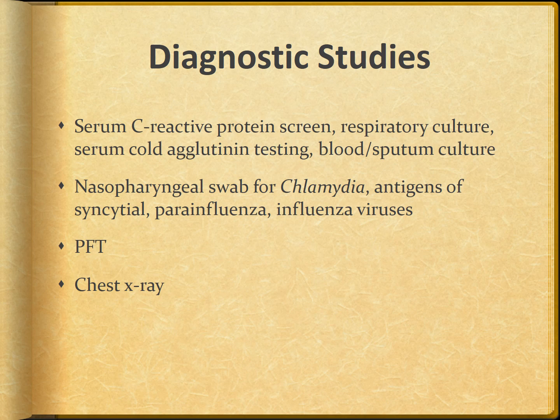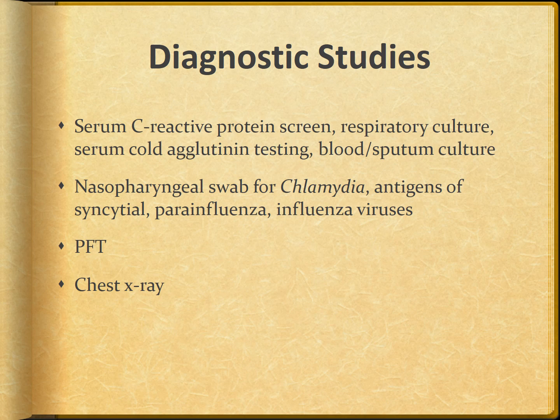These are some diagnostic studies that may be performed in patients with acute bronchitis. You may want to perform a serum C-reactive protein screening, a respiratory culture, serum cold agglutinin testing, a blood culture, or a sputum culture.